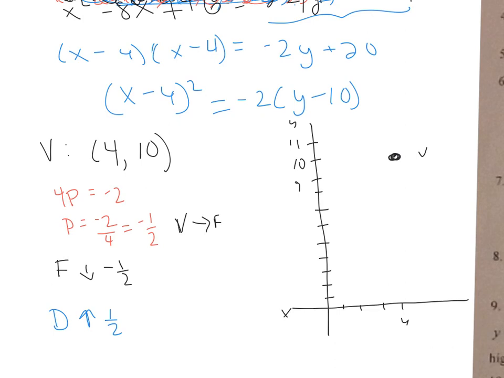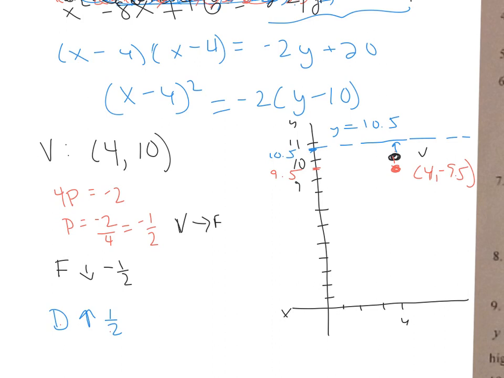So it's going to be down 1/2, which is going to put me at 9.5. That's right here. That's 4 comma 9.5. And my directrix, which is going to be up a half, is going to put me at 10.5. So y equals 10.5, and then I'll just write it up.